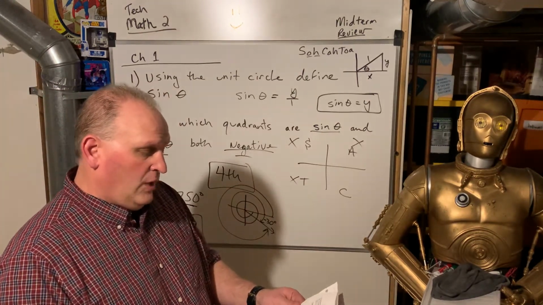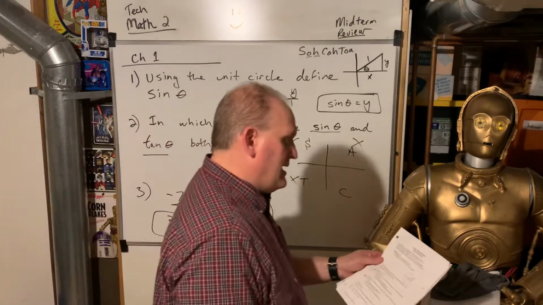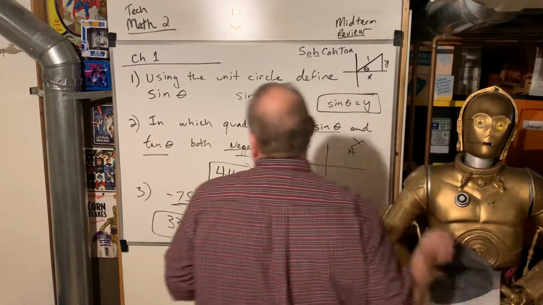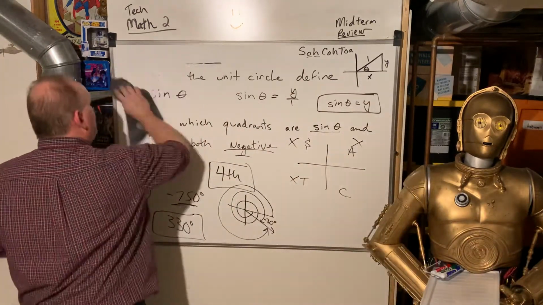Let's look at number 4. Express 240 degrees as radians in terms of pi.